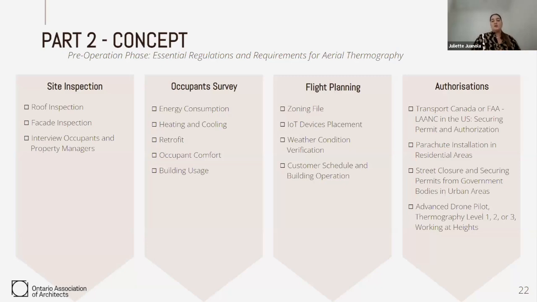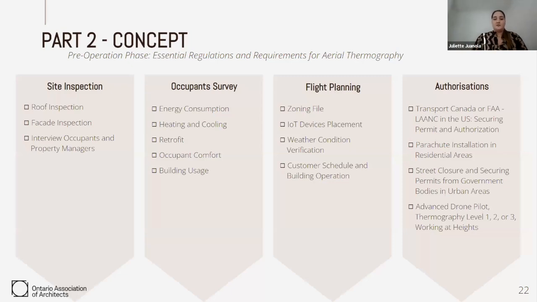The other part is really about the flight planning. The flight planning and the authorizations are really linked. The flight planning involves having the ability to divide the building into different parts in order to store the data properly and really plan the drone path in advance, which is what is called a zoning file.